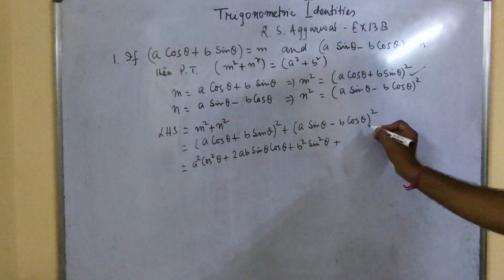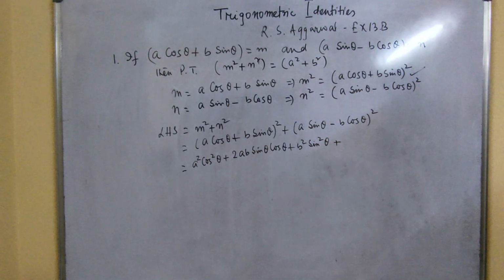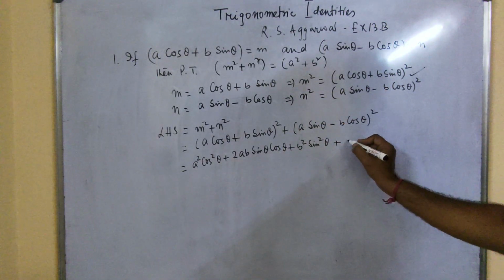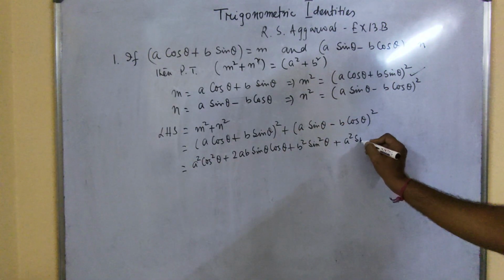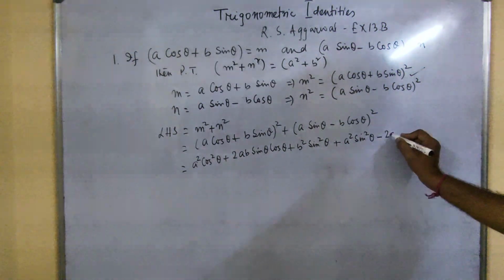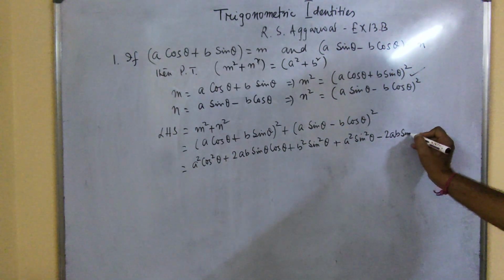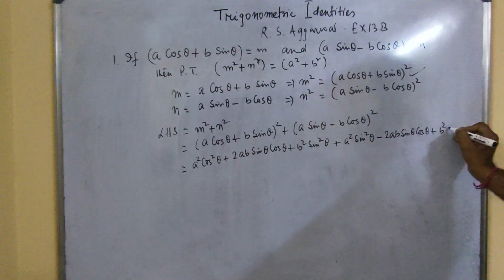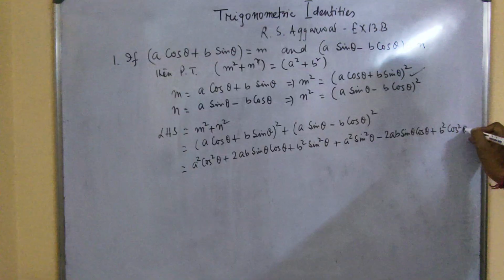Now this one is compared as (x minus y) whole square, so x means a square sin square theta minus 2ab sin theta cos theta plus b square cos square theta. Fine.